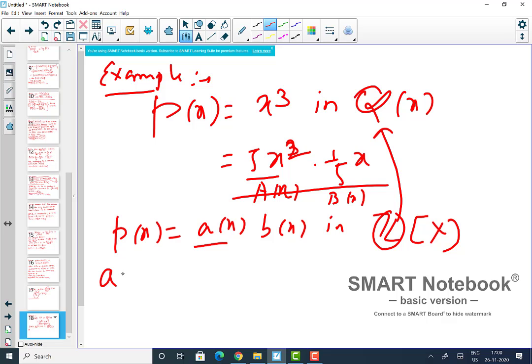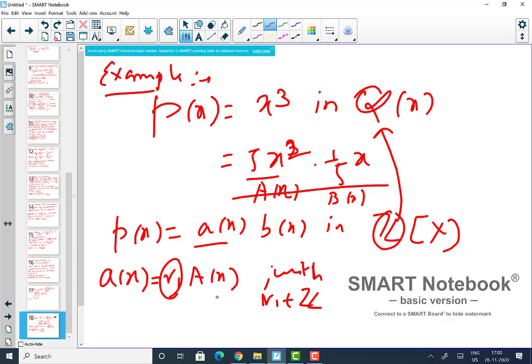Now you see that if you write down this capital A(x) in terms of r1 into x, you cannot find any r1 with r1 belonging to Z; it is not possible.